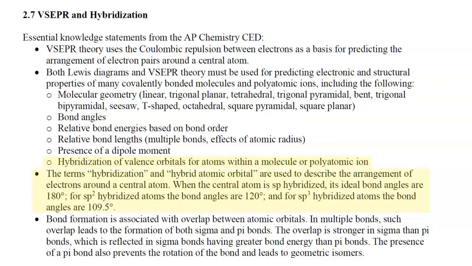The terms hybridization and hybrid atomic orbital are used to describe the arrangement of electrons around a central atom. When the central atom is sp hybridized, its ideal bond angles are 180 degrees. For sp2 hybridized atoms, the bond angles are 120 degrees. And for sp3 hybridized atoms, the bond angles are 109.5 degrees.